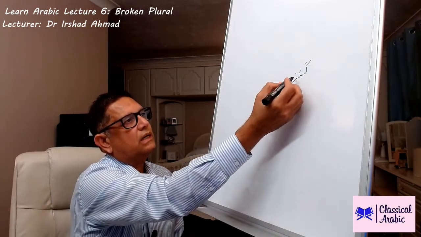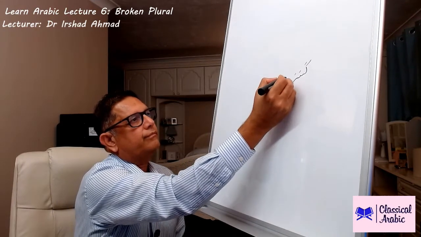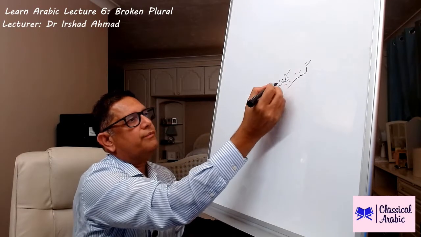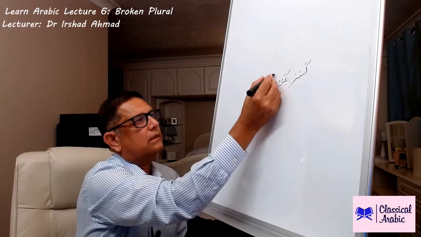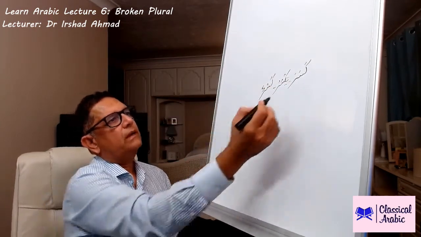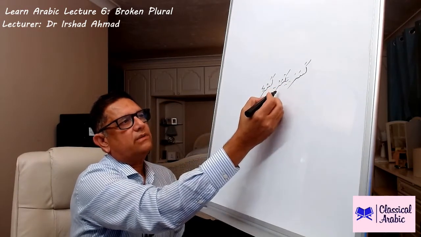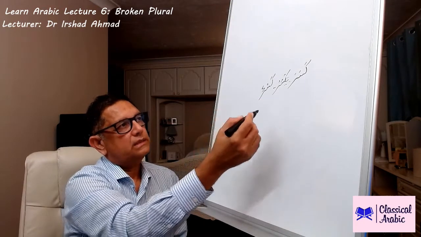So kasara, yaksuru, and it is kasrun. Kasara is fail madi, which is past tense. This is fail mudare, which covers both present and future.